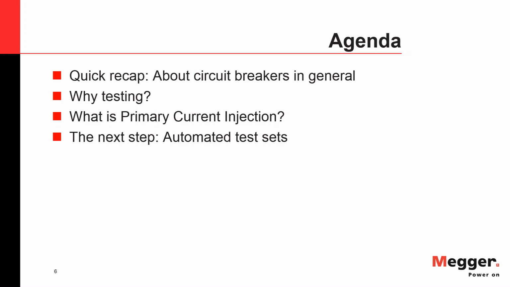The second topic will be why we're testing. The third one deals with an explanation of what primary current injection is and what types of tests you're doing, and the fourth step is just the advances that have been made in the field.